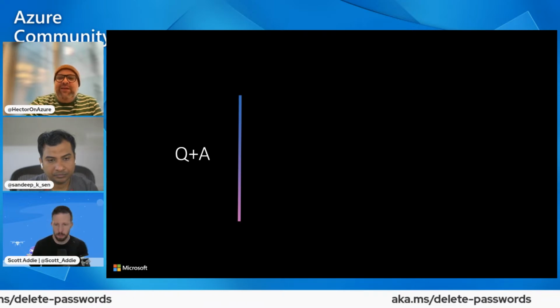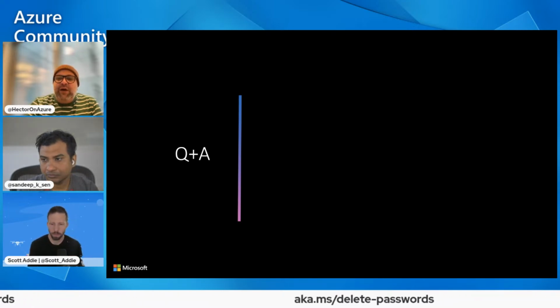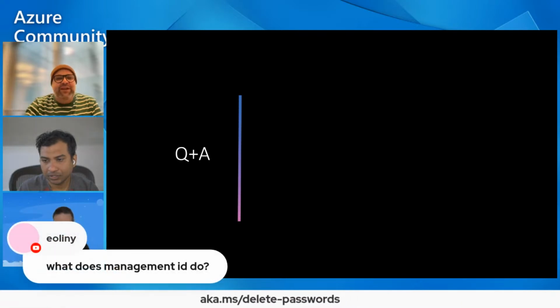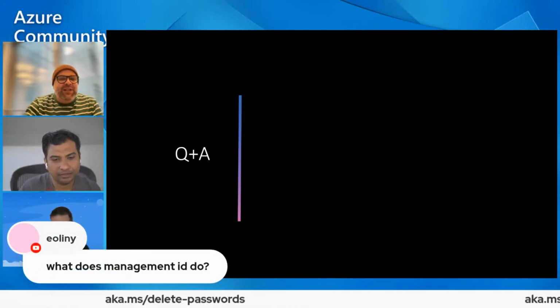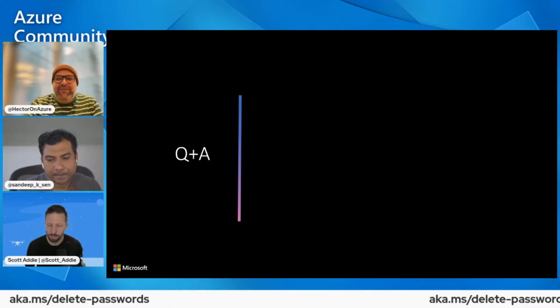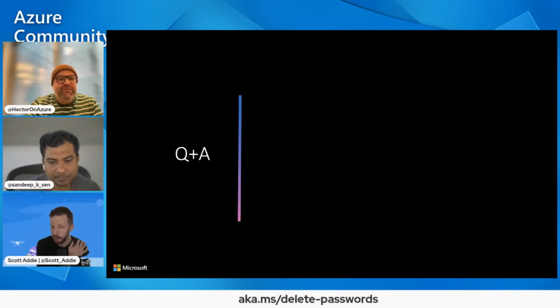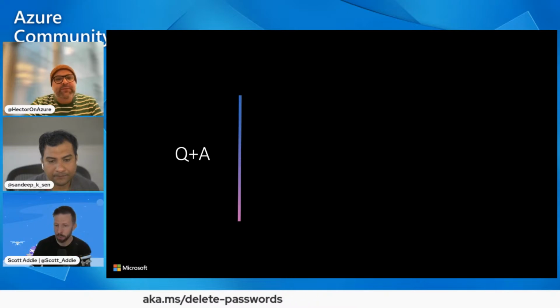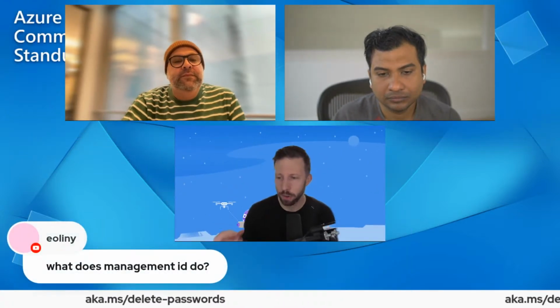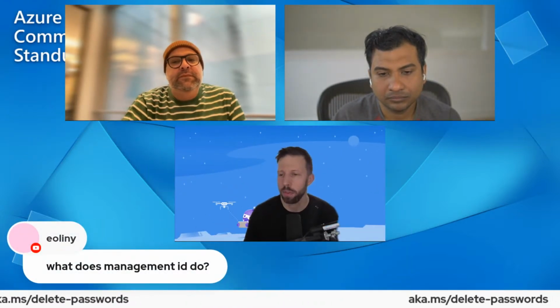So in the Q&A, there was one question from Eloni, I think. What does management ID do? Can anybody answer that question? Yeah, I think so. That management ID, I assume, refers to the managed identity. Think of it as an account that is fully managed by Azure Active Directory, which is our identity provider.